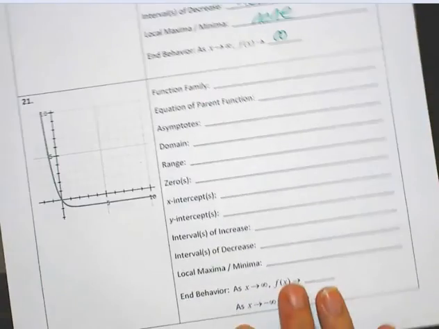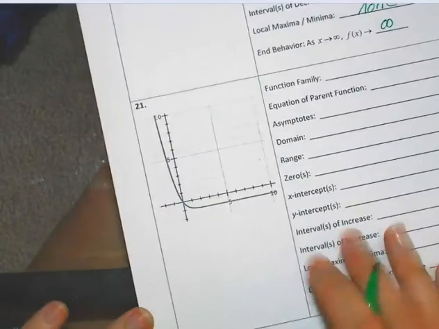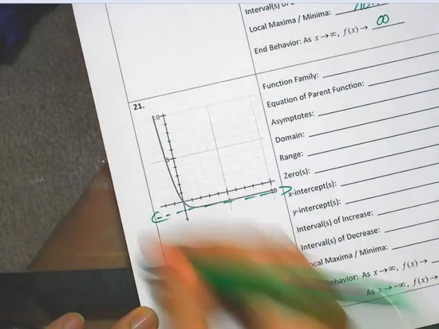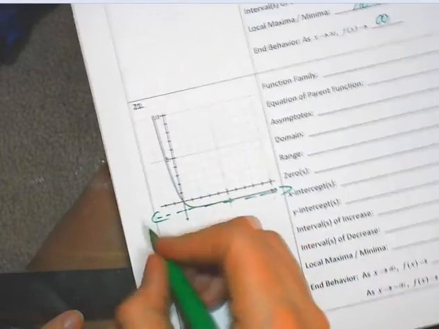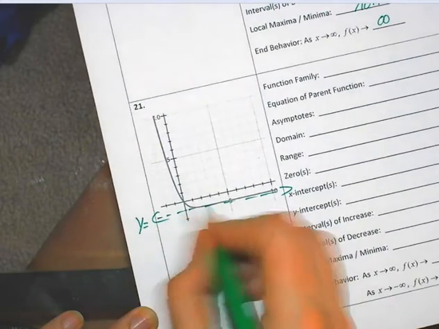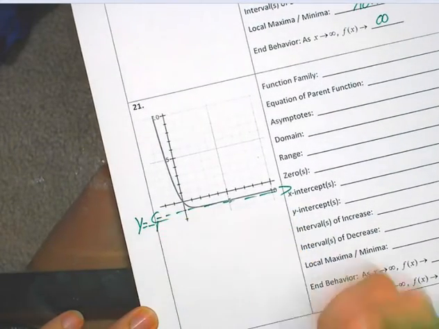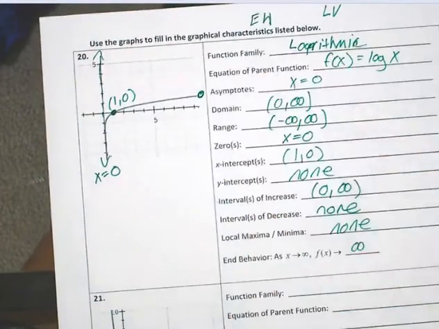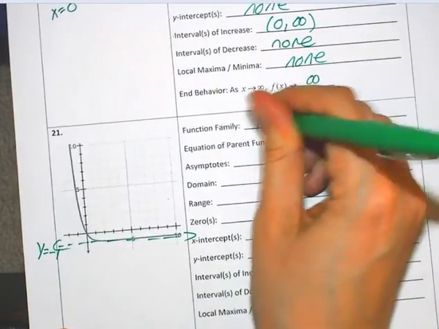Next, family of functions. So let's take a look at this graph. I notice for this graph, okay, I have a horizontal asymptote at y equals -1. And we said horizontal goes with our exponential. So we know that this is exponential.